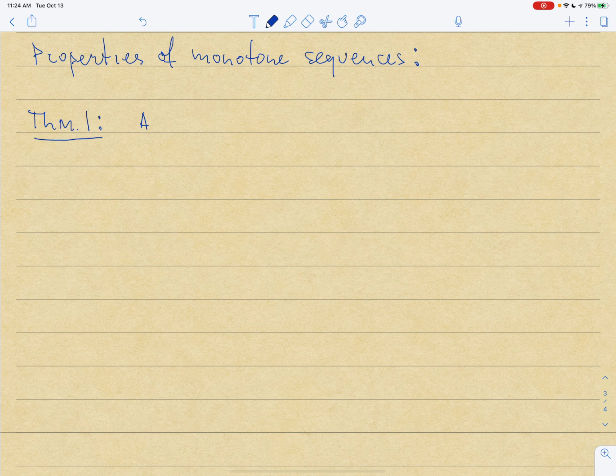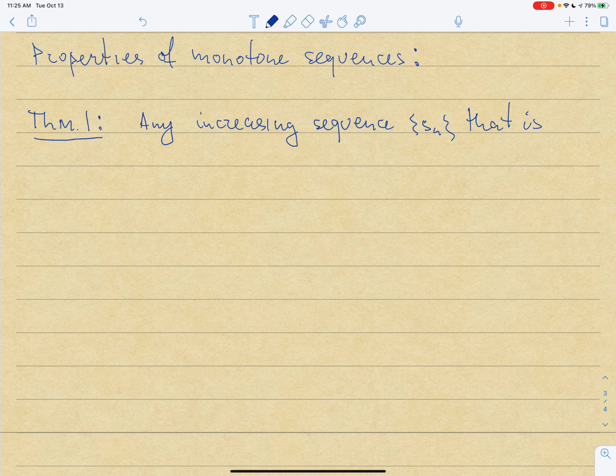Any increasing sequence Sn that is bounded from above has a limit.